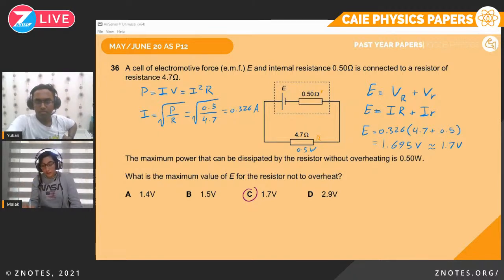So you know the equation, E is equal to VR, which is the resistance outside, plus Vr, the potential difference lost inside, right? So again, we divide that into I big R, I small r, but we don't have I right now through the numbers they gave us. So to find I, we use the power. They give us the power right here. So P is equal to I squared R. We find I, and we plug that into the equation. And we get the answer C.